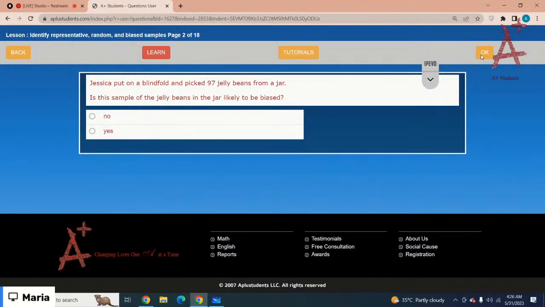So yes, that would be the biased sample. She selected only 97 of the jellies. The 97 jellies she selected are not the same as the ones she didn't select. So that would be the biased data. Yes, the correct option is yes.